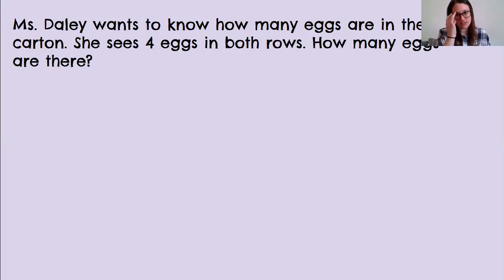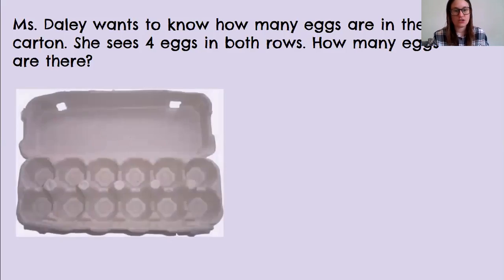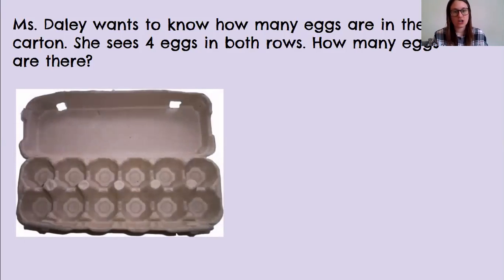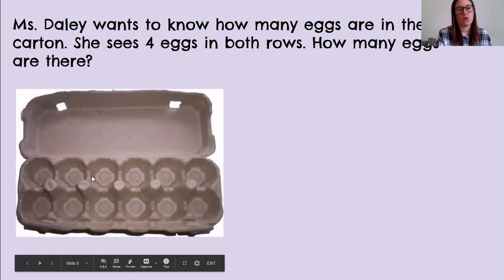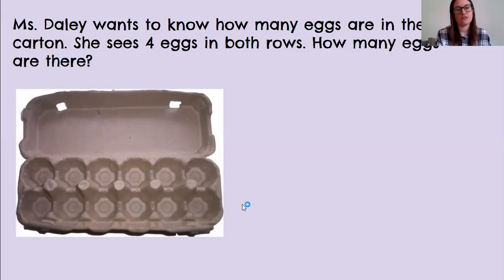Well, to solve this problem, I need to know about an egg carton. So if you have ever gone to the store and got a carton of eggs, it would look like this. There's 1 row of 6 and a second row of 6. So when you normally get eggs, there are 12 or a dozen eggs in a carton. But Miss Daley sees 4 eggs in both rows.